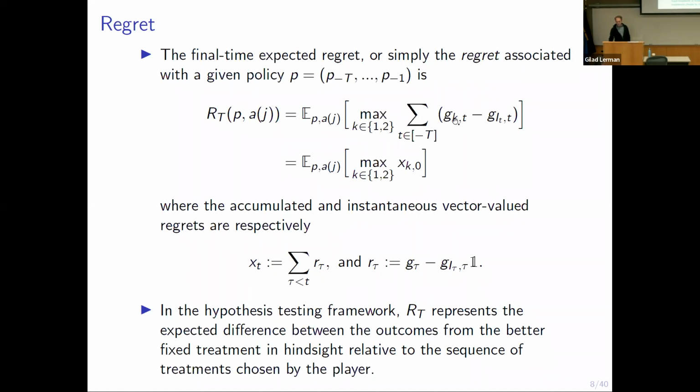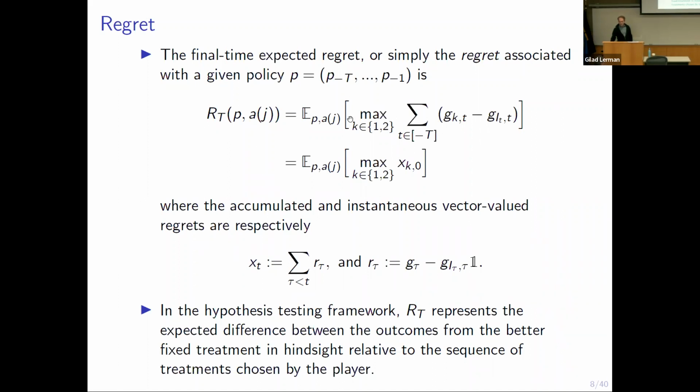You look at the difference in each period between the rewards from arm k and the rewards from the arm that's been sampled by the player. So this keeps accounting, for k equals 1 and 2, of how well the player did in that period relative to each arm, then you sum it up.